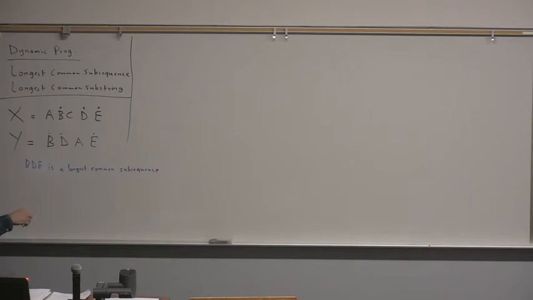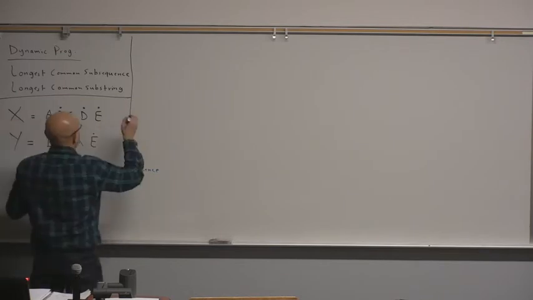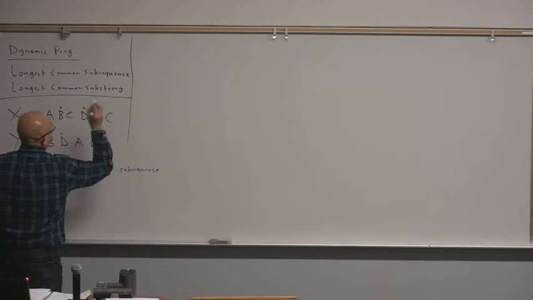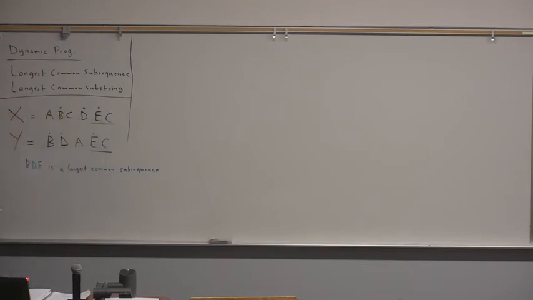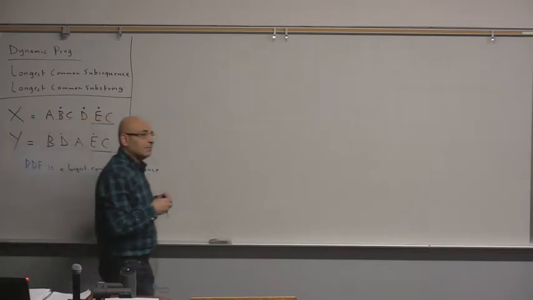But for example, if we add C here and C here, then this will be a longest common substring. So the string has to be contiguous, but the sequence does not have to be contiguous.